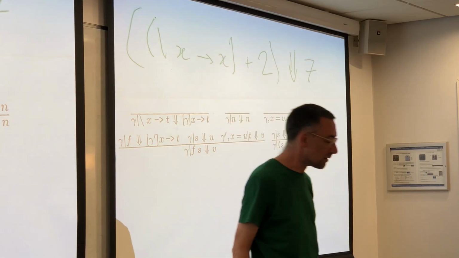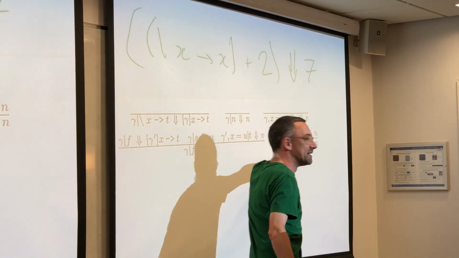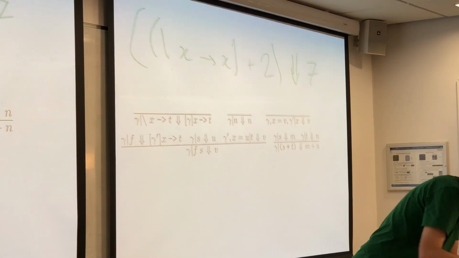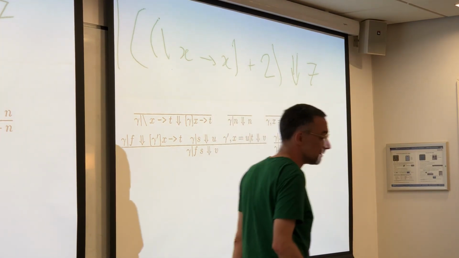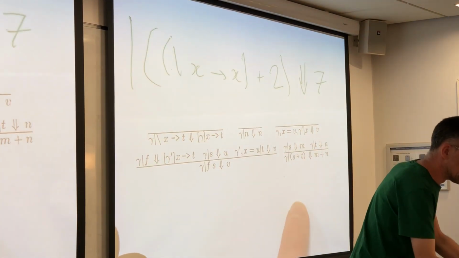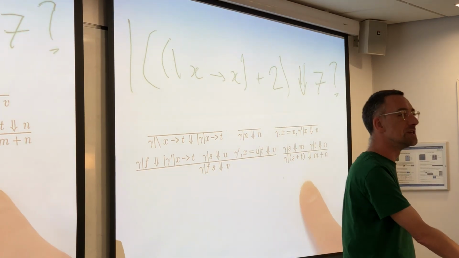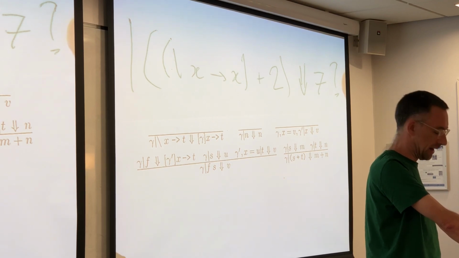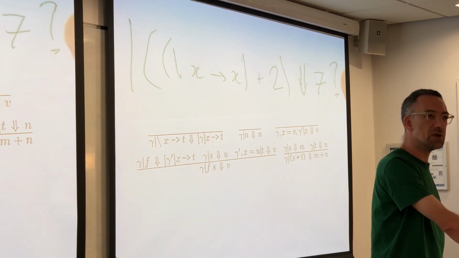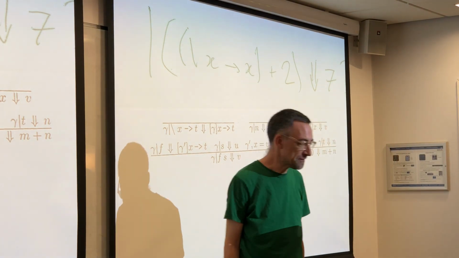No. What's more, we can demonstrate that if these are the only ways to derive evaluation judgments, then not only is there no way to derive this judgment, but this judgment is demonstrably false.